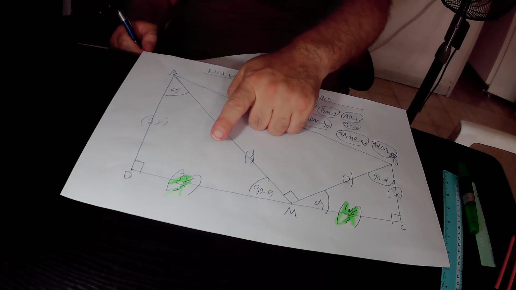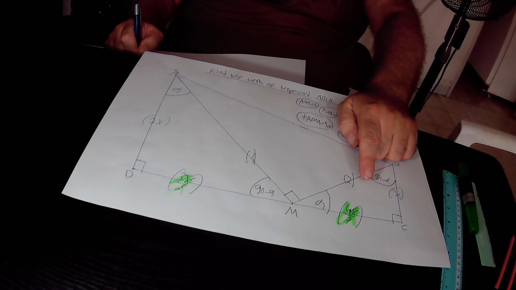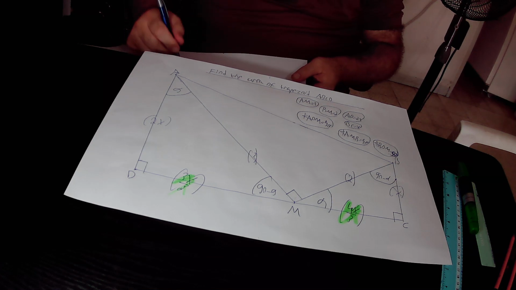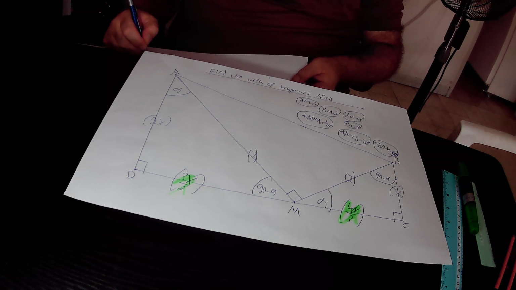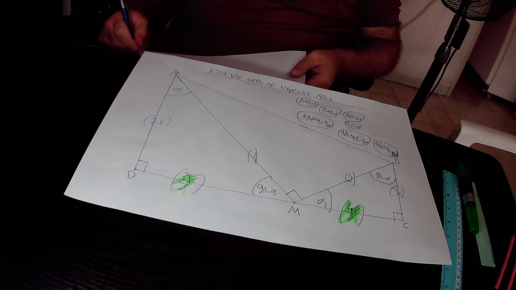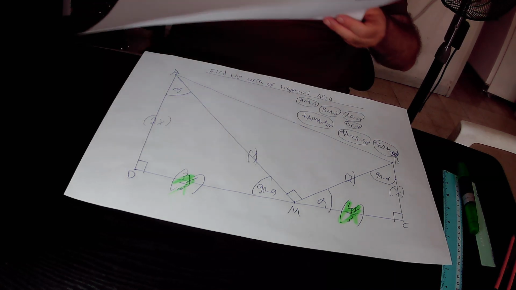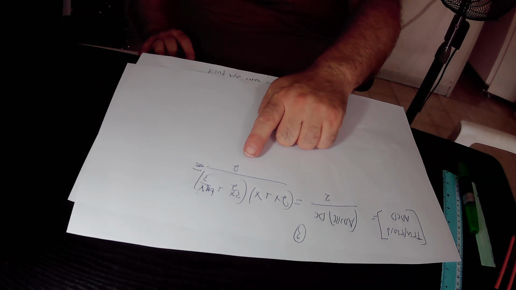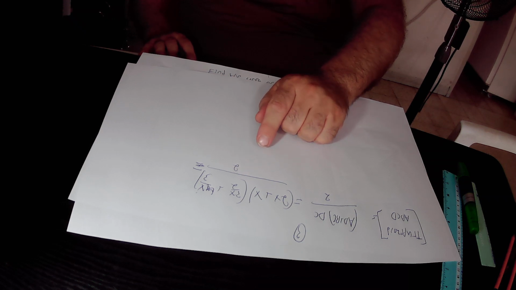DC in total equals 3x over 2 plus 4x over 3, all divided by 2. So the area of trapezoid ABCD is equal to (2x plus x) times (3x over 2 plus 4x over 3), divided by 2.